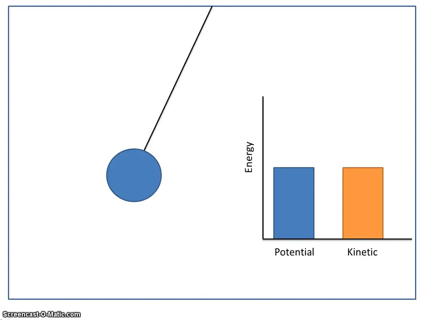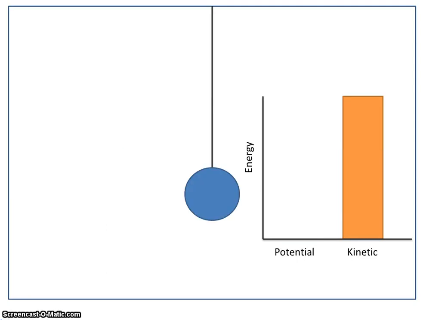So half the height means half the potential energy. And at the very bottom of its swing, all of that potential energy has been completely transformed into kinetic energy. So that's what we mean by the transfer of energy from one form to another.